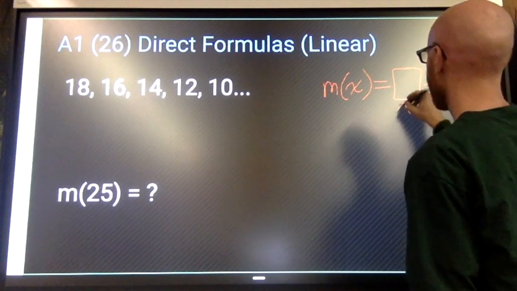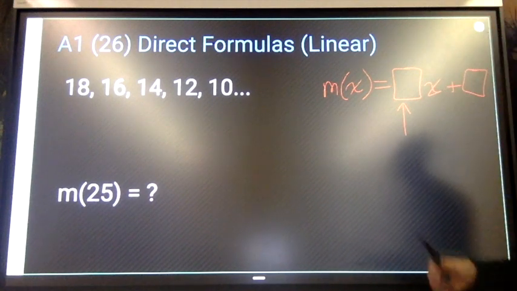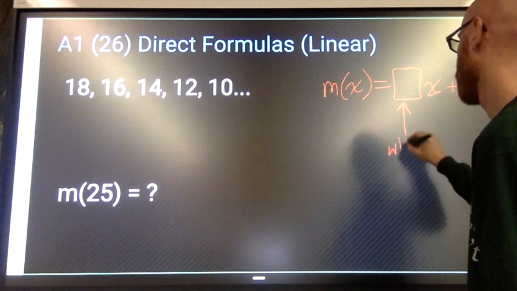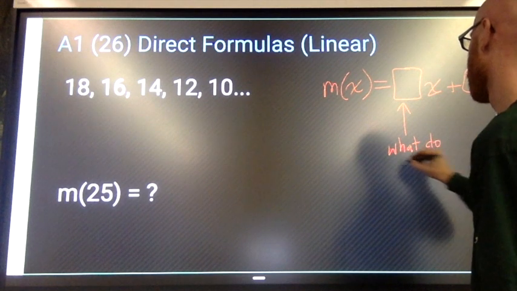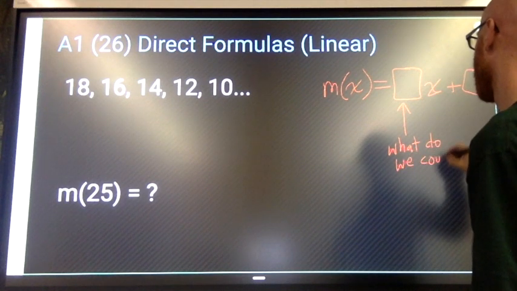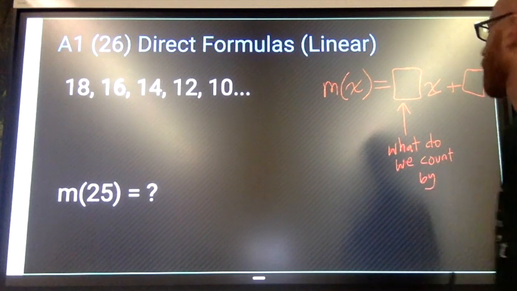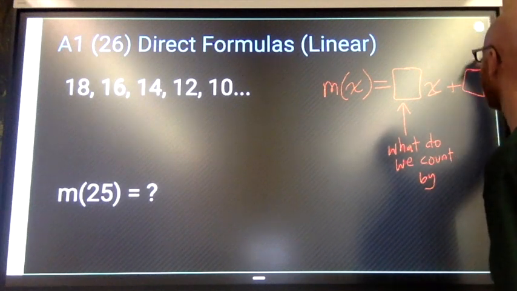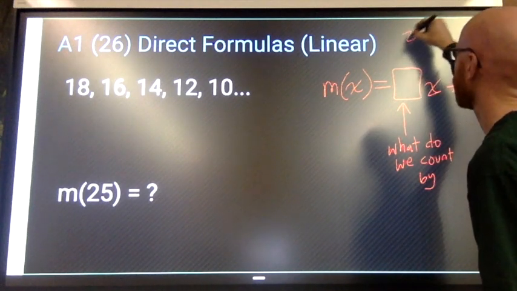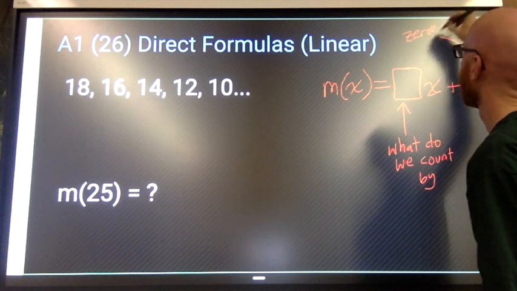My first something is going to be, what do we count by? And my second something is going to be, what's my 0th term?